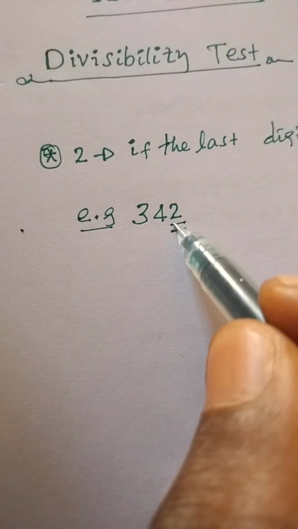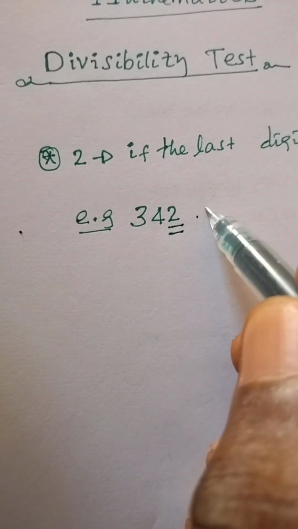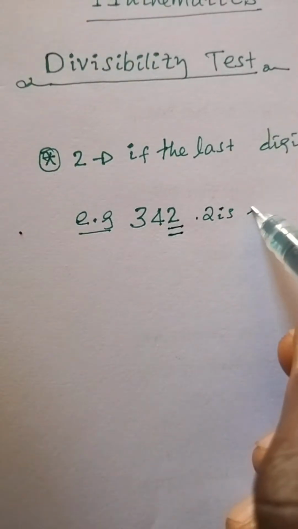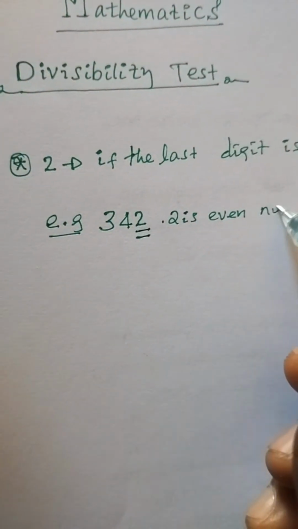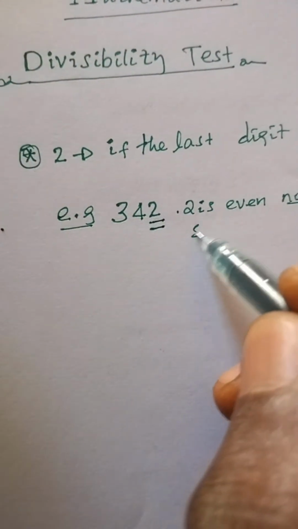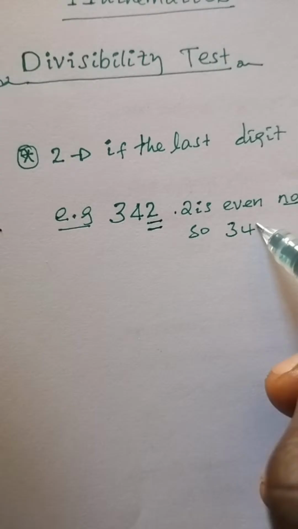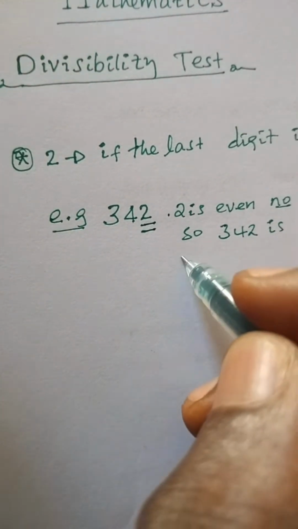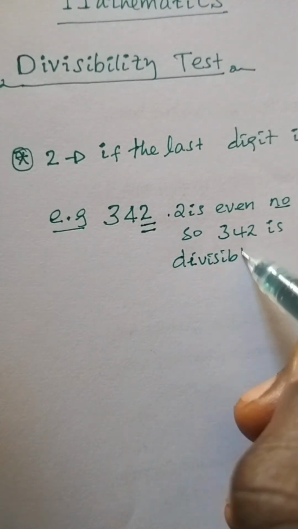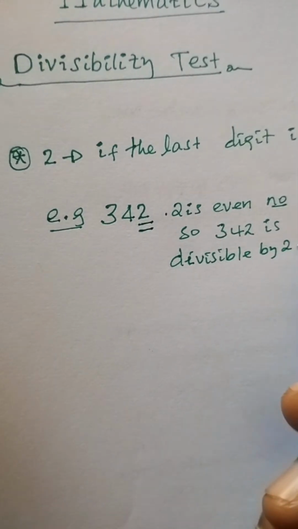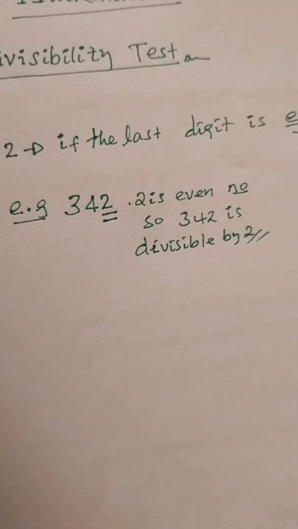The last digit is 2, which is an even number. Therefore 342 is divisible by 2.